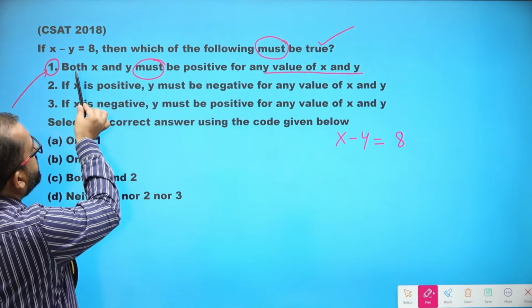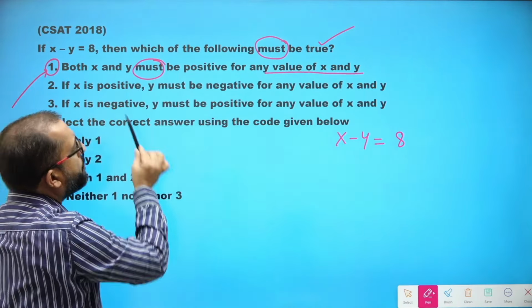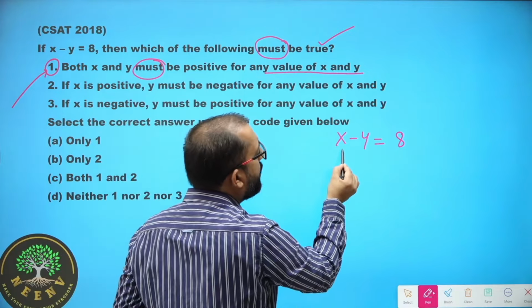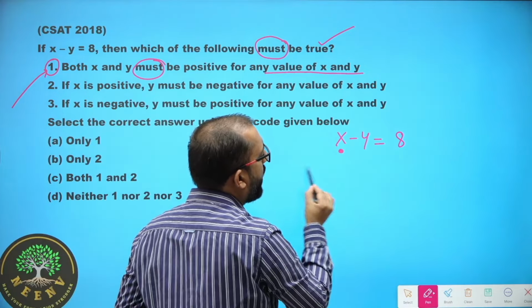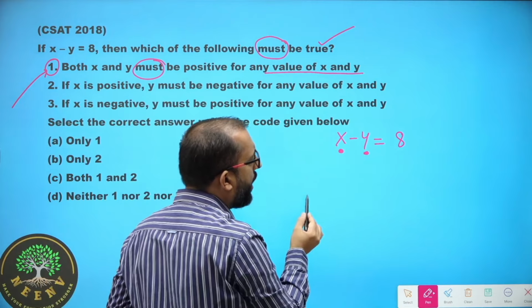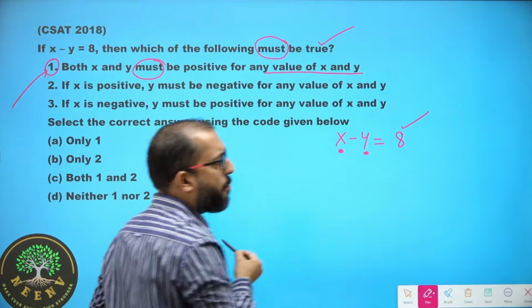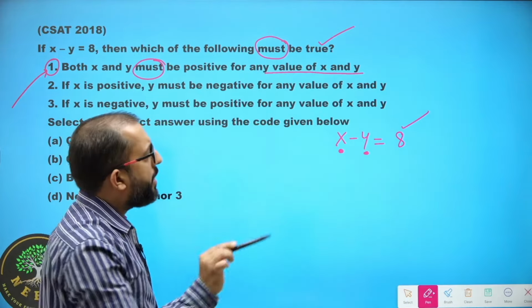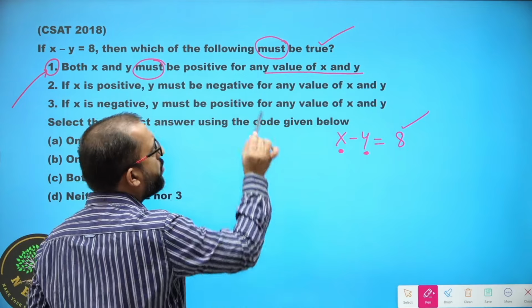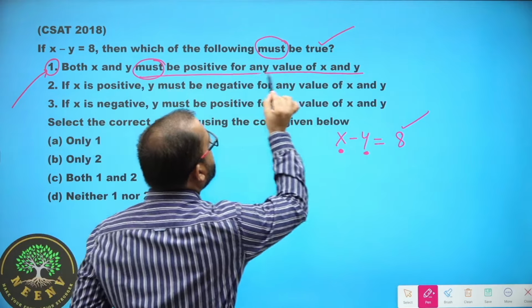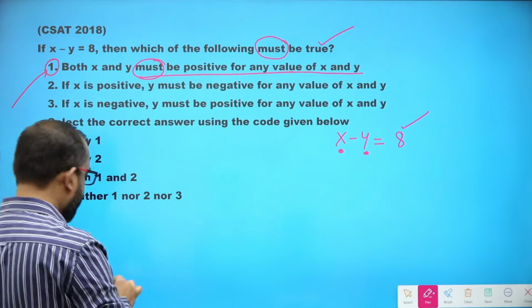Over here it says both x and y must be positive. Now I have to think such value of x and such value of y. If I subtract them, my answer should be positive 8, and at the same time the assumed value will negate my statement 1.